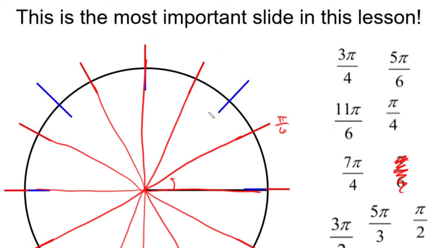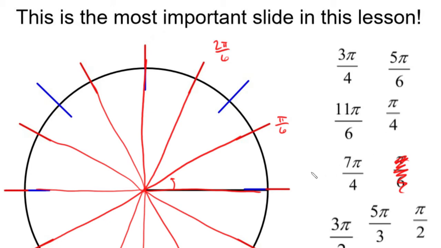So this is the way I like to teach this. Every one of these angles is another pi over 6. So if this was 30 degrees and this is 60 degrees, if you take 30 and add 30 more to it, you will get 60 degrees. So if you take a pi over 6 and add another pi over 6, you will get this angle. So you take 1 pi over 6, this next one is a second pi over 6.